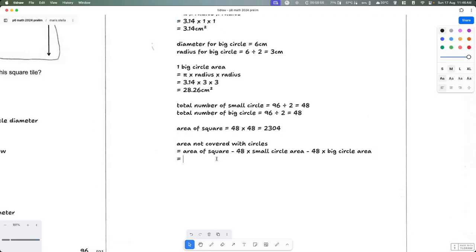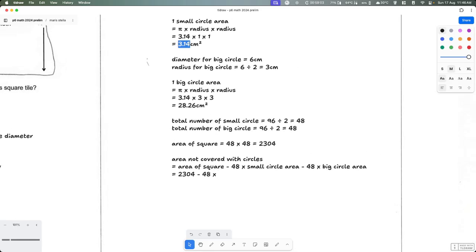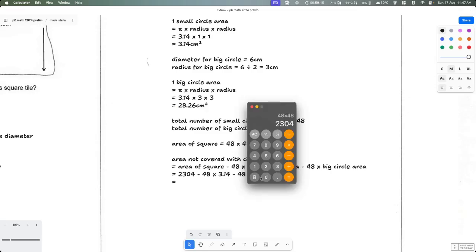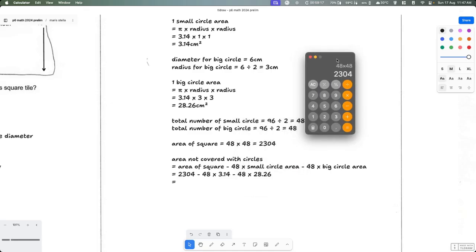The area of the square is 2304, minus 48 times the small circle area, which is 3.14, minus 48 times the big circle area, which is 28.26. So let's put this in a calculator. 2304 minus 48 times 3.14 minus 48 times 28.26.